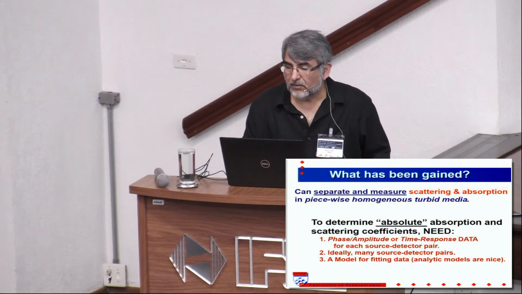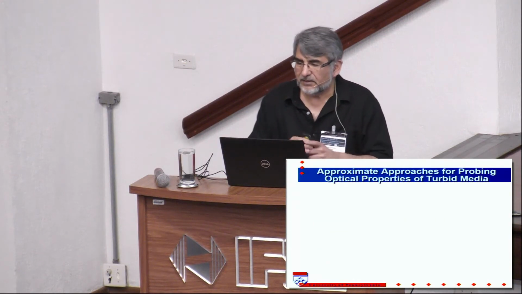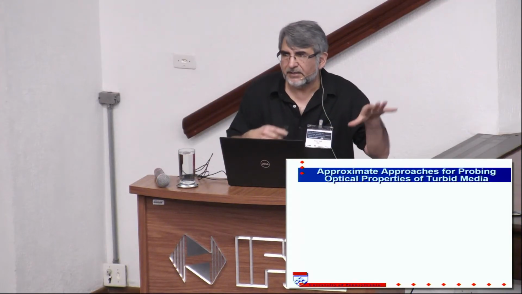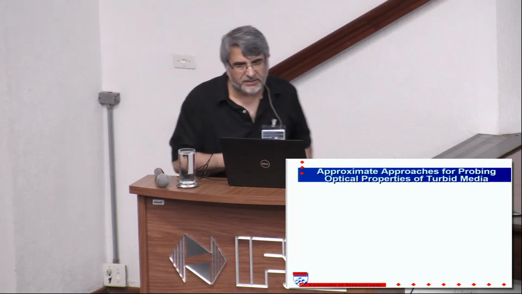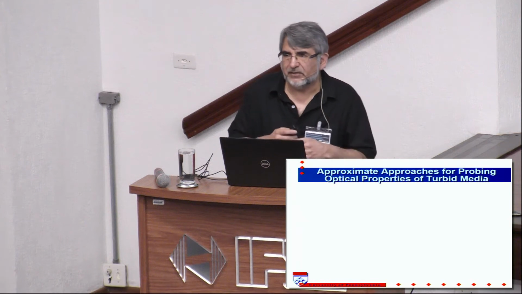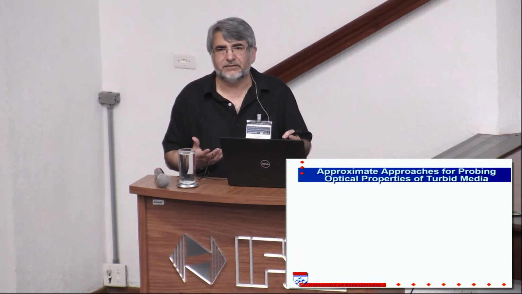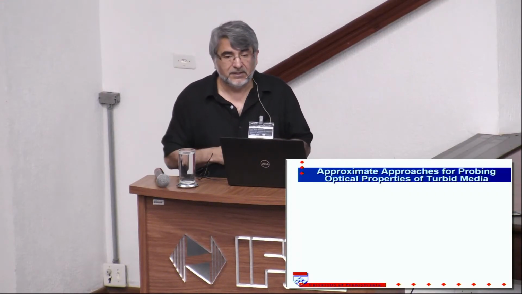Okay, so I want to talk about one other technique, in this same context, and it's called the modified Beer-Lambert law. The reason is because it's widely used in the brain community, especially, to look for changes. It's much easier.